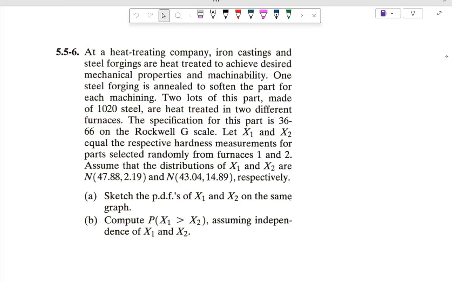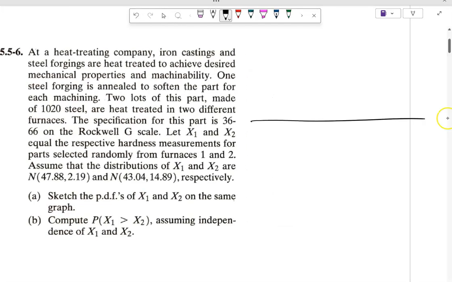I'm not going to worry about sketching the PDFs, but if you were sketching it, one of these has a mean of 47.88, and it's going to be a bell-shaped curve like that. The other one has its mean over to the left, so the top of my hill is farther to the left, but my bell is more spread out because the variance is bigger. Something like that.